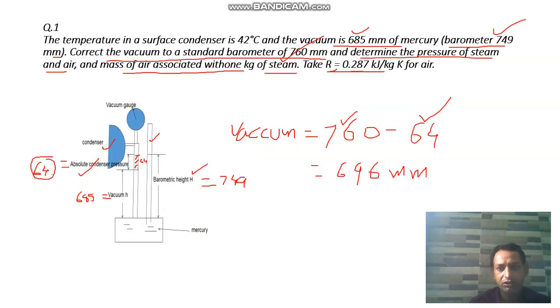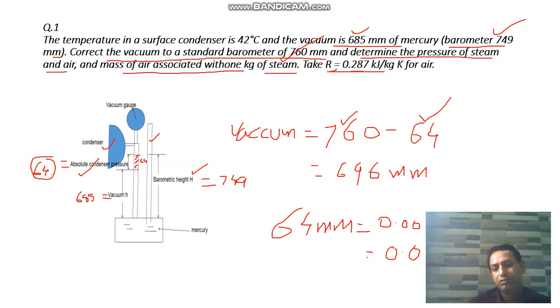Now the 64 mm of mercury of the condenser is equal to 0.001333 multiplied by 64, that comes out to be 0.08512 bar.